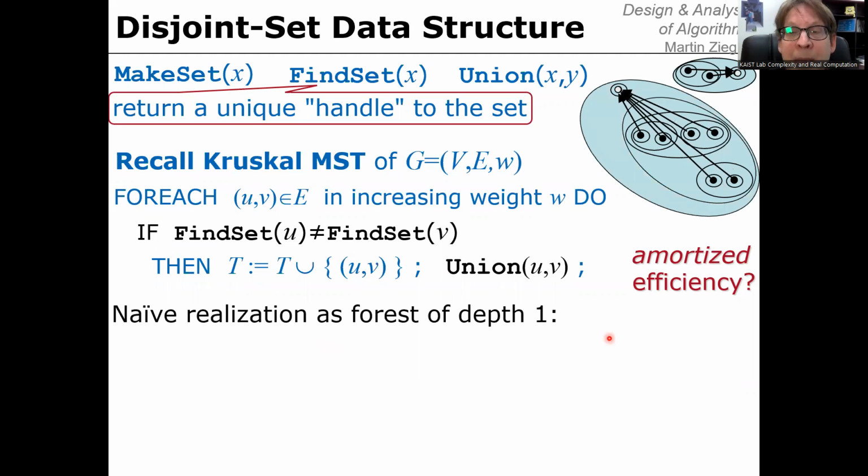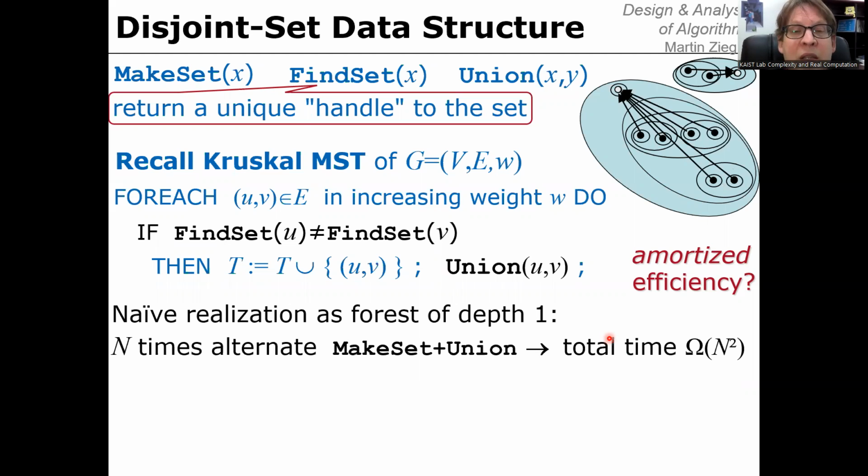So that means if we do that repeatedly n times, then that could result in total cost n squared. Linear cost for one union operation, and if we have sufficiently many sets, then we can do that again and again and arrive at quadratic running time, and amortizing means divide that by n. So we're back to linear amortized cost, which is of course far slower than we expect.